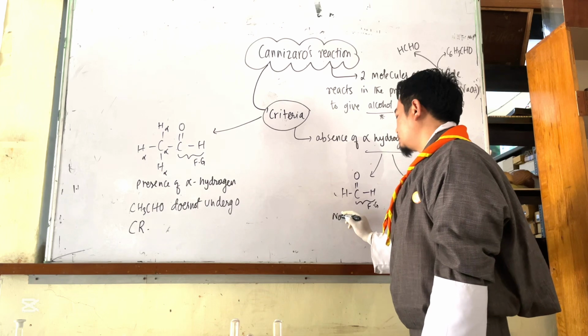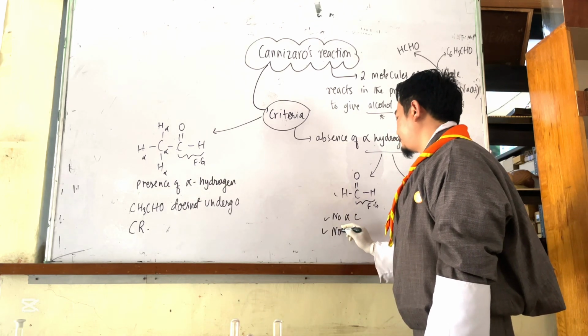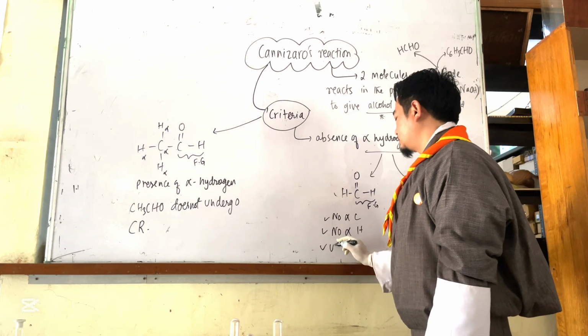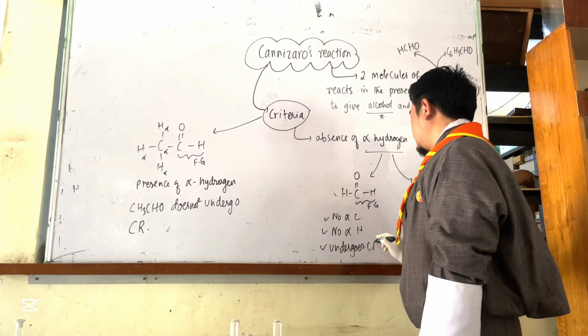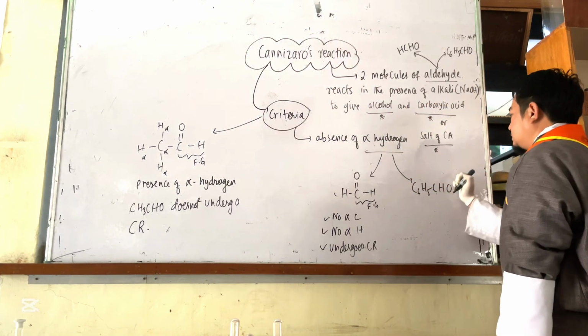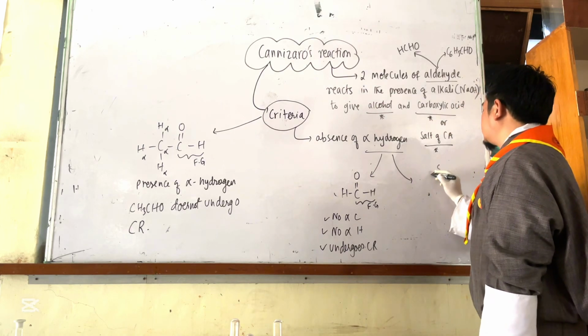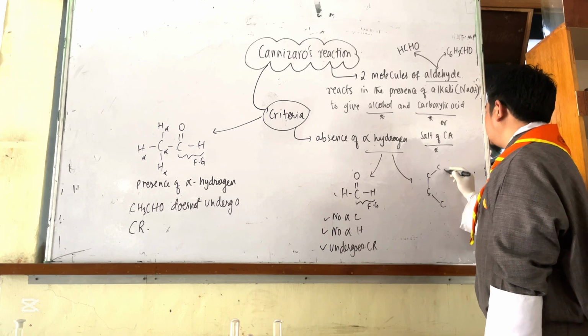So we can say no alpha carbon, no alpha hydrogen, undergoes Cannizzaro reaction. Let us look into the benzaldehyde structure. The benzaldehyde structure is like this. Look at the benzaldehyde structure.